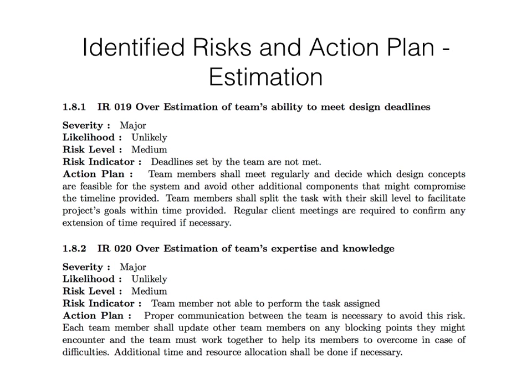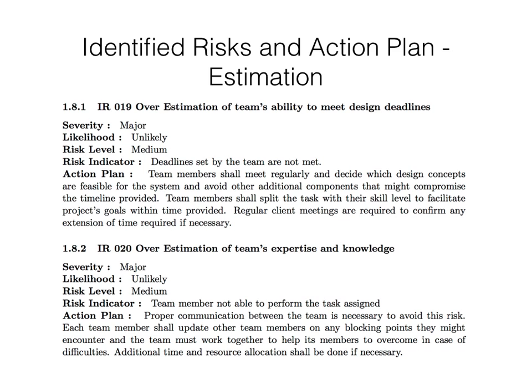Last but not least of all the categories of risk is risk due to estimation, or failure of estimating properly. The first one is overestimation of the team's ability to meet design deadlines, and the risk indicator is that deadlines are not met by the team. This is a major risk, but the likelihood of this happening is very unlikely.